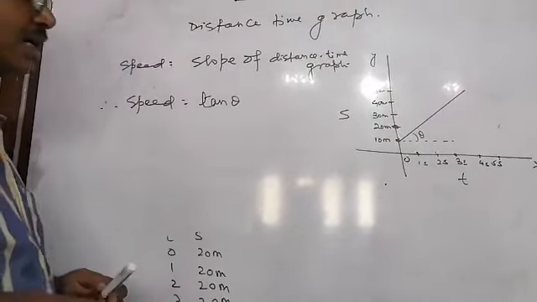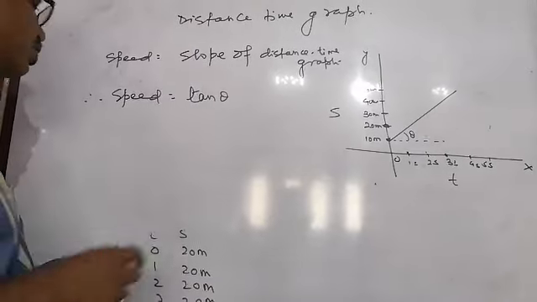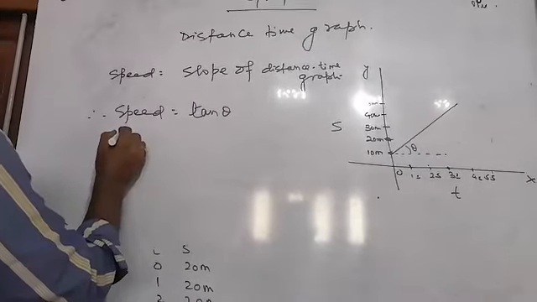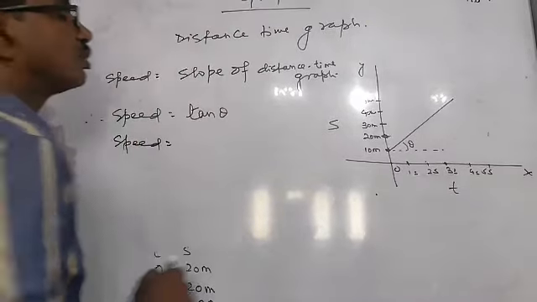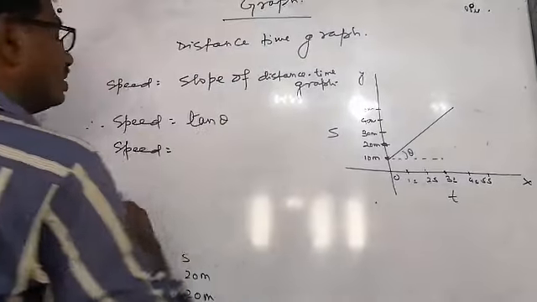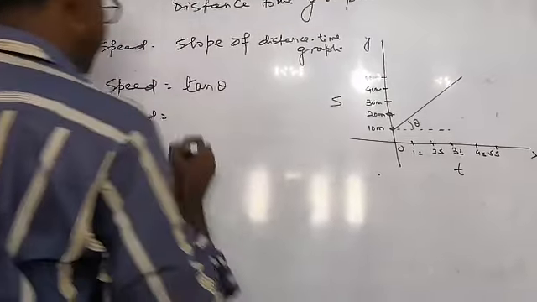But in class 9 you don't know sine, cos, tan. I mean, you might not be knowing T ratios. So it can also be calculated as speed is equal to tan theta, which is equal to perpendicular by base.